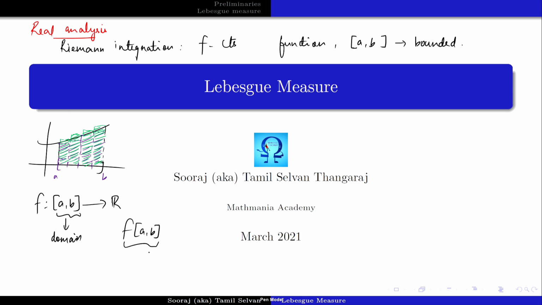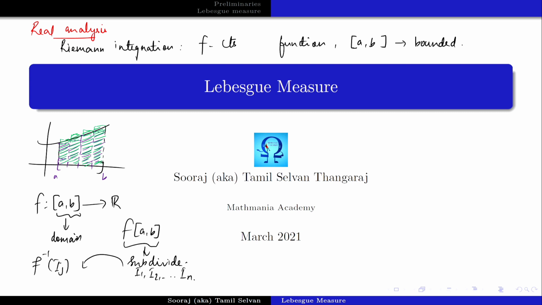We will subdivide the range and look for the inverse images of these things. If we take these to be I1, I2, etc., going till some In, we look for the inverse images of these, and with the help of these inverse images only we will calculate the integration value. That is the ideology of Lebesgue.